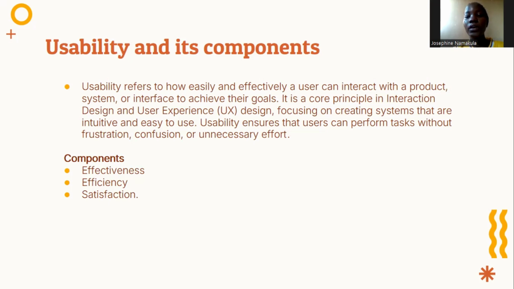It measures how quickly users can achieve their goals with minimal wasted effort or time. Satisfaction is the degree to which users feel content, comfortable, and pleased with the experience when interacting with a system. It is subjective but crucial for ensuring user retention and positive engagement.